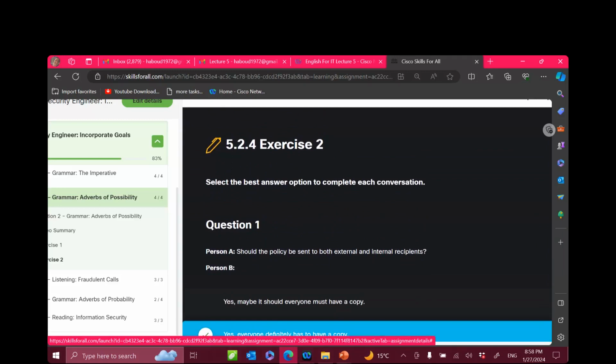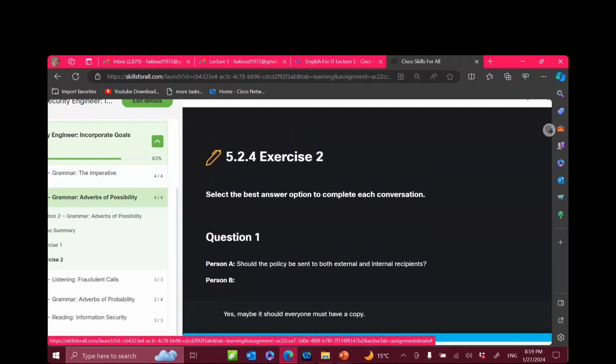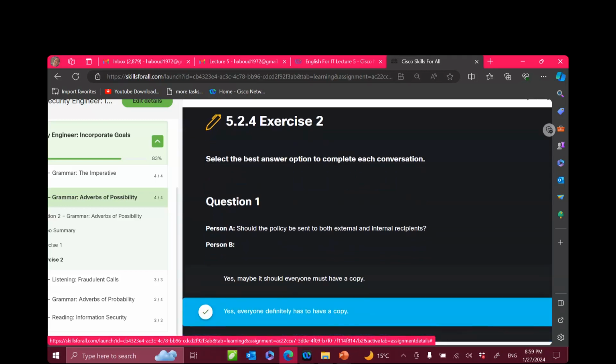Everyone must have a copy. انتوا شايفين هنا التركيبة ازاي عاملة؟ Yes, maybe it should, everyone must. التركيبة في تركيبة عاملة كده maybe it should, maybe everyone must, ولا yes everyone definitely has. يبقى بدأت ب everyone زي ما قلت لكم وبعدين جبت ال adverb of possibility and then the verb بعدها has to have a copy. Yes.